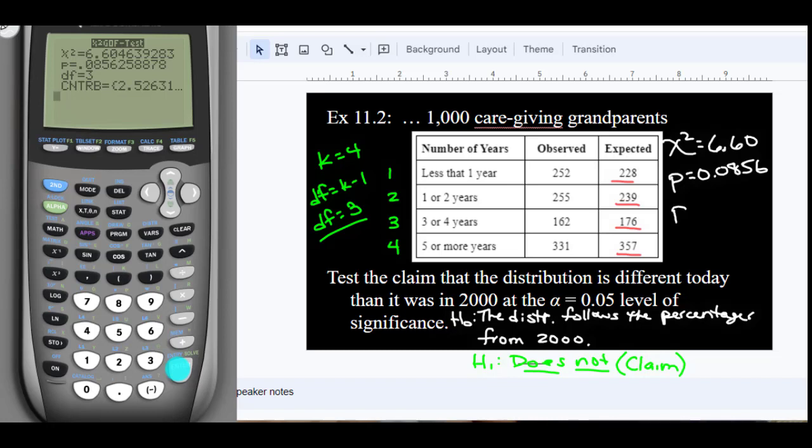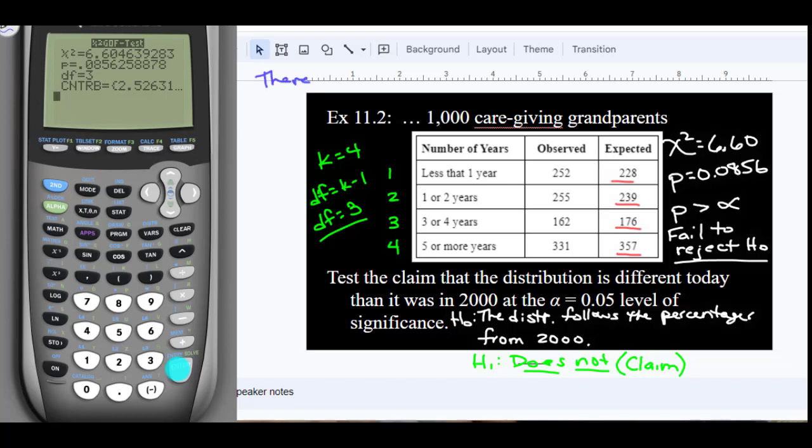So since p is greater than alpha, our conclusion is that we will fail to reject the null hypothesis, which means, if I write this out in a summary form, I'll put it up here at the top since I kind of ran out of space at the bottom.